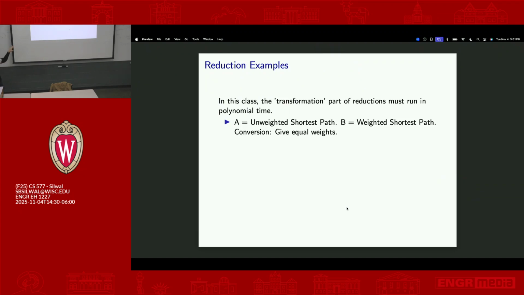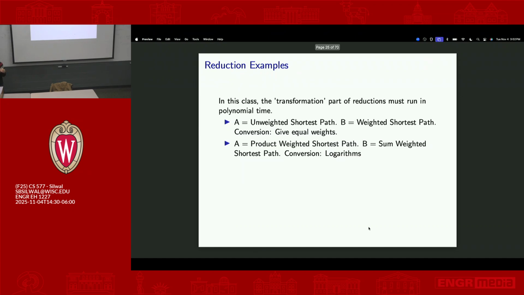So here's a quick example, okay? Let's say I have two computational problems. Unweighted shortest paths: I give you two nodes, S and T, and I ask, does there exist an unweighted shortest path of cost at most 10? But let's say I have another problem called weighted shortest path, where I give you two nodes in a graph, and the graph can have weights.